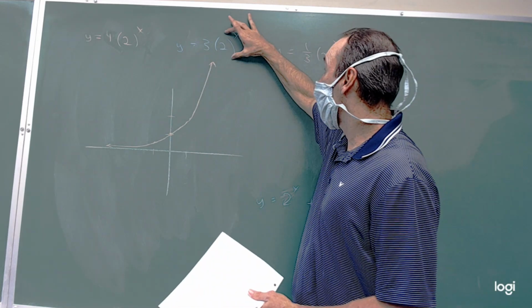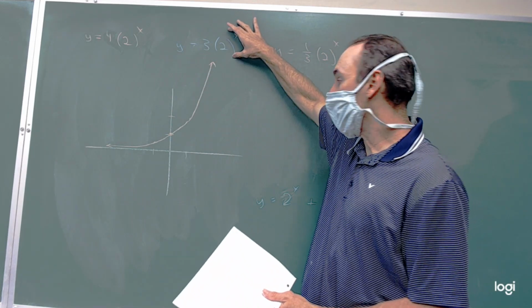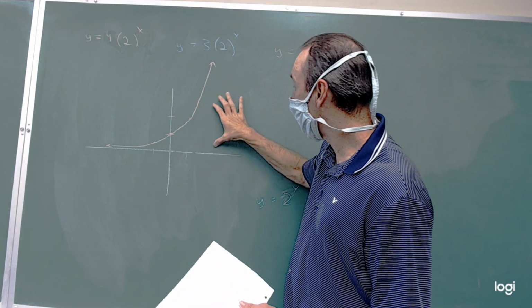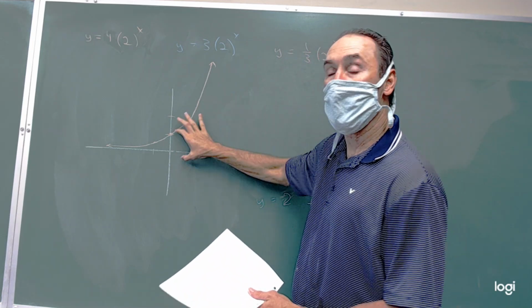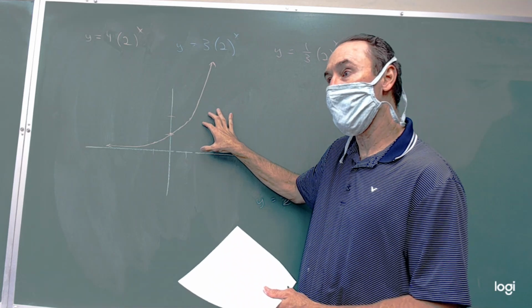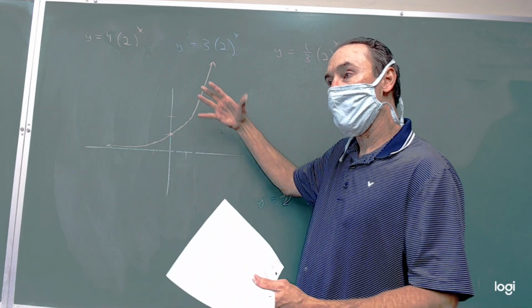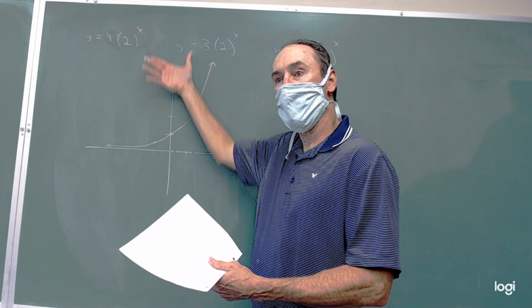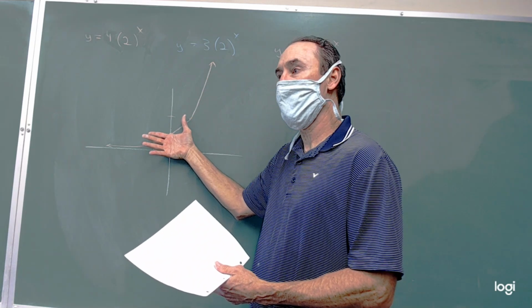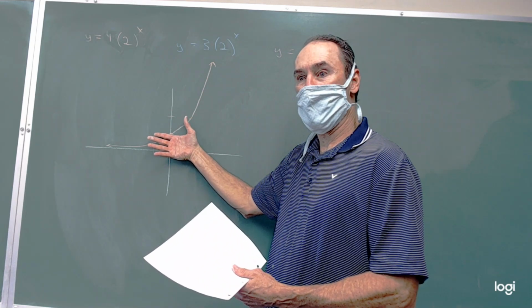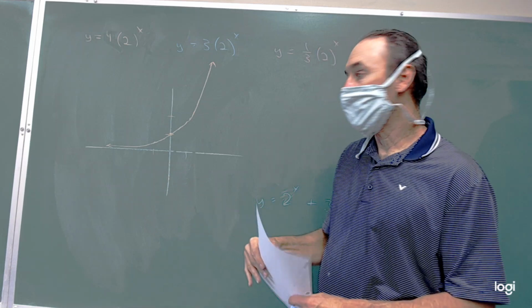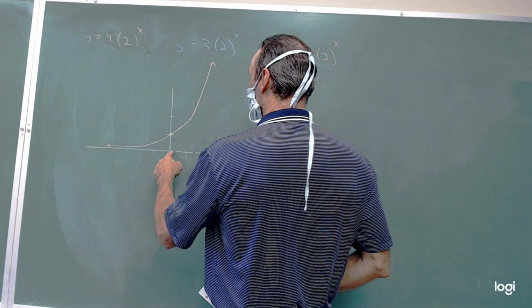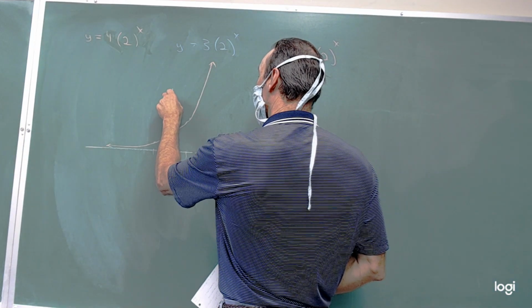In this case, whatever value we're getting for 2 to the x, whatever that height is at various times, that height is going to get multiplied by 3. And so when we graph this, if we tried to slide it down on top of this, it would not be a perfect match. They're no longer going to be congruent. So we're going to be at 1, 2, 3 is going to be where this is.